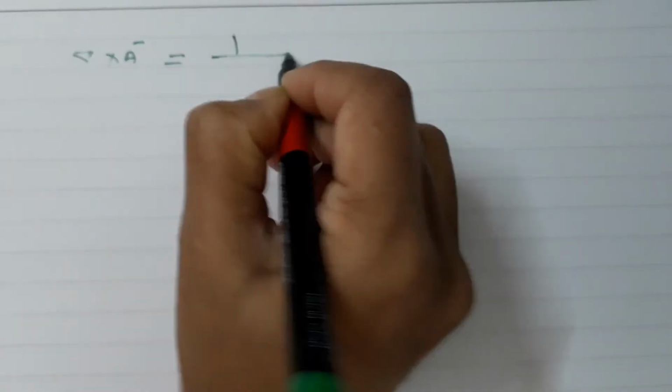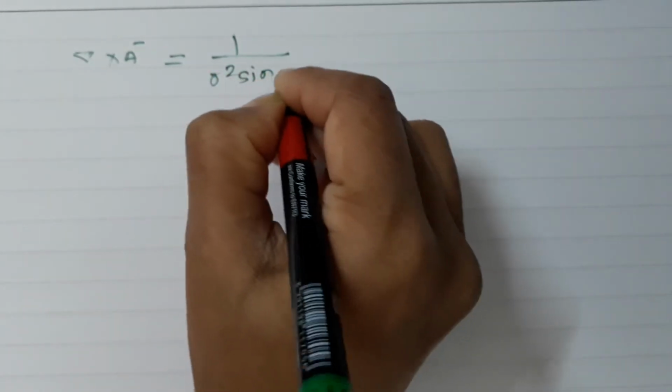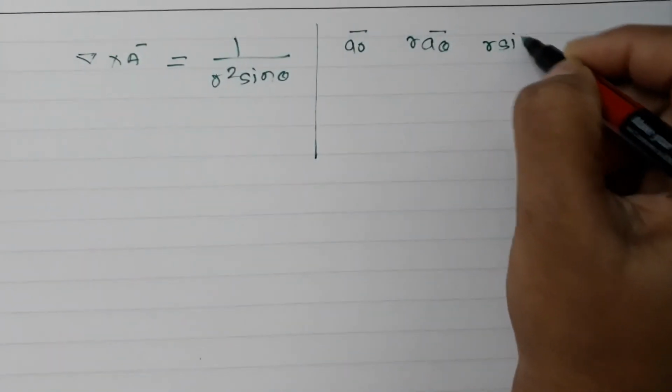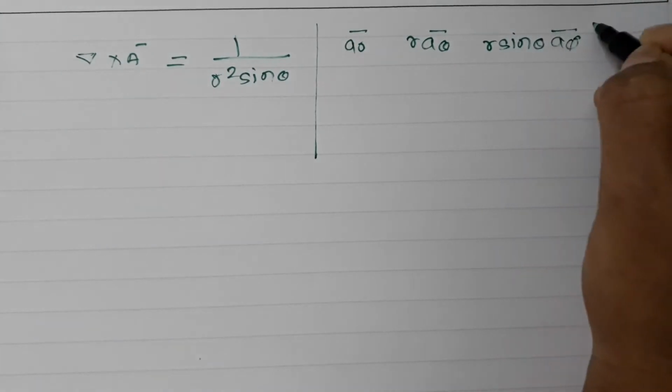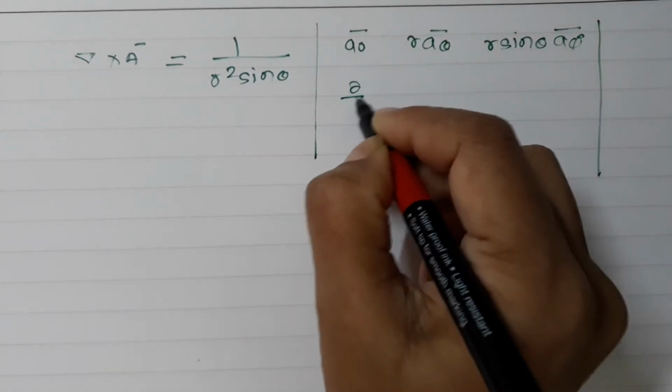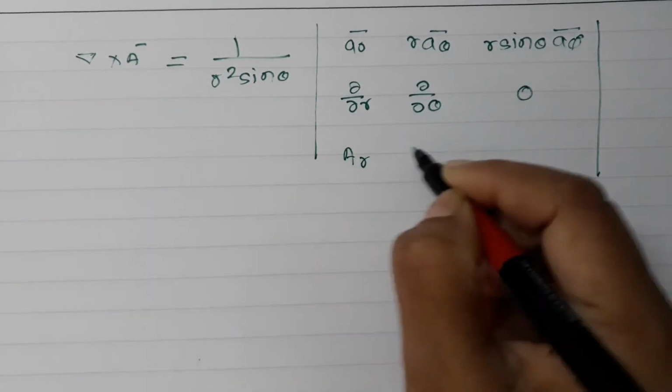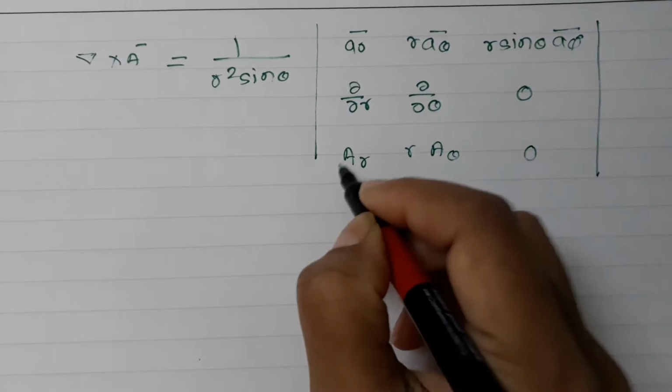So I'll write the new equation by putting whatever we have got out of this equation. Here I can write del cross a bar is equal to 1 upon r square sine theta, ar bar, r a theta, r sine theta a phi bar, putting d by dr, d by d theta, this is 0, we know, ar, r a theta, and this will also be 0.